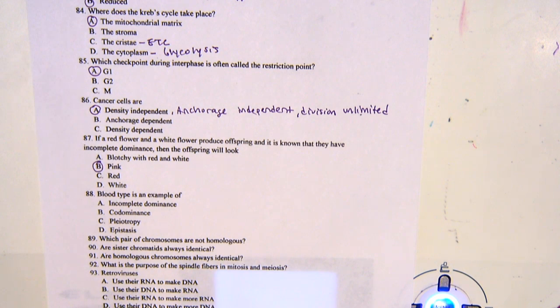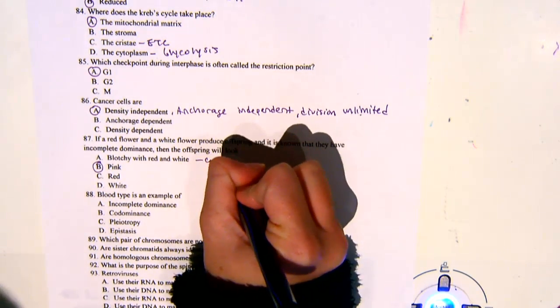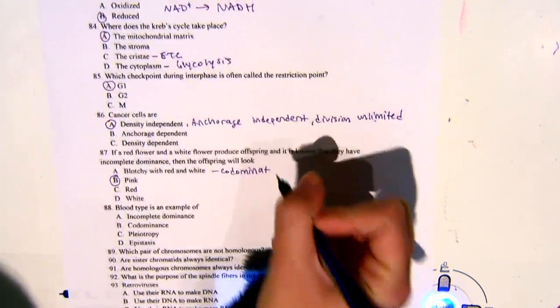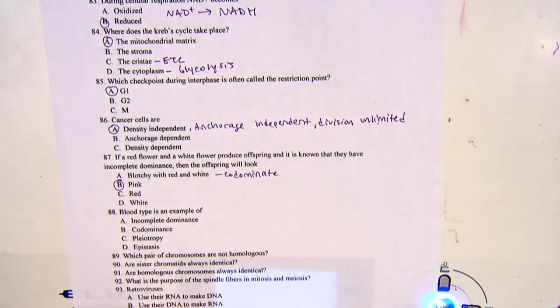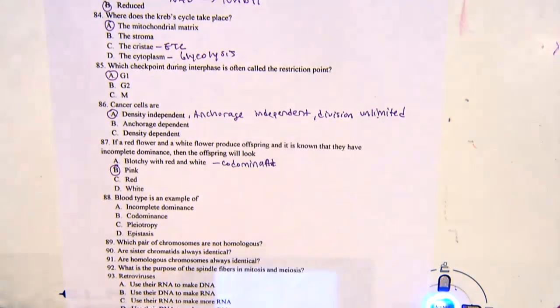If it was co-dominant, which of these answer choices would be picked? A. Co-dominant means both are dominant, so we're going to see both. So if it was co-dominant, we'd see patches of red and patches of white. So this right here is co-dominant. I can't spell dominant.